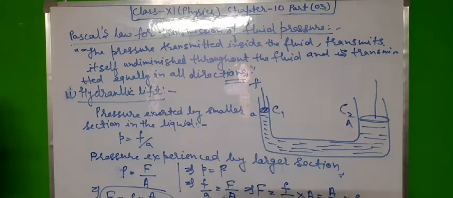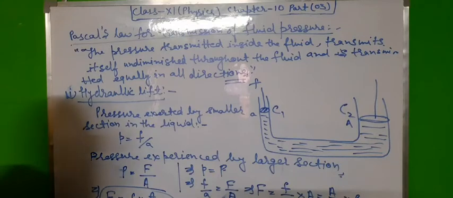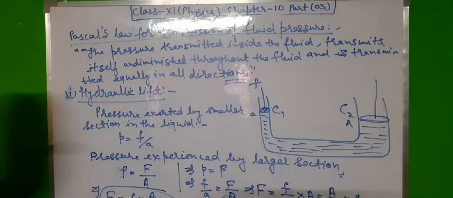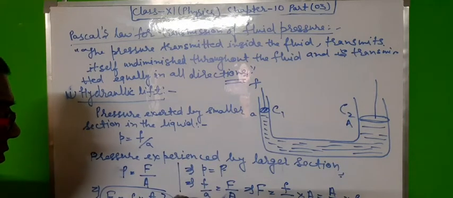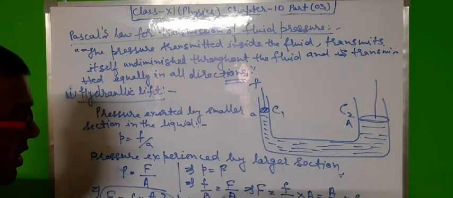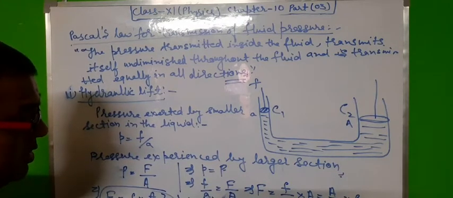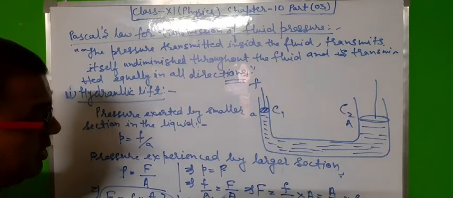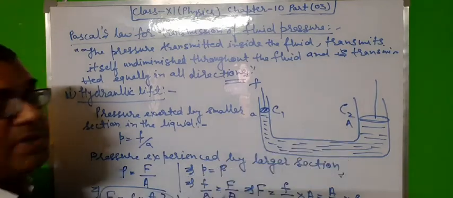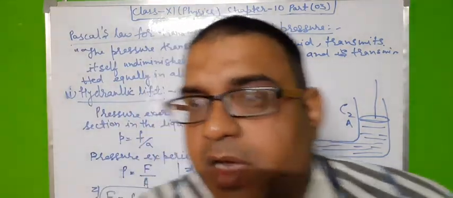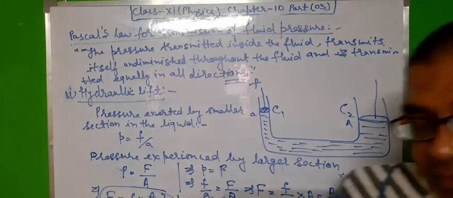Look at what you are observing: this factor A upon a is being multiplied by small f, so we obtain a multiplied force on the larger piston.